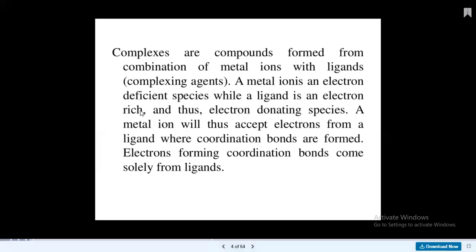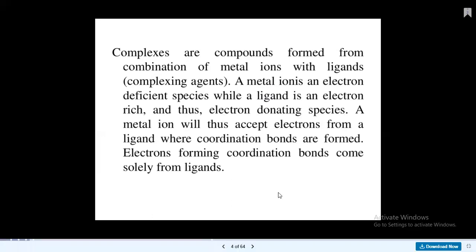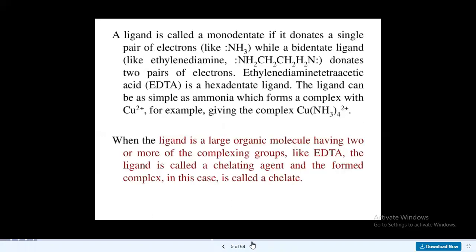Here the metal ion is an electron deficient species, while a ligand is electron rich and thus an electron donating species. So mostly the ligand gives electrons towards the metal ion, and they form coordinate bonds in the formation of a complex.